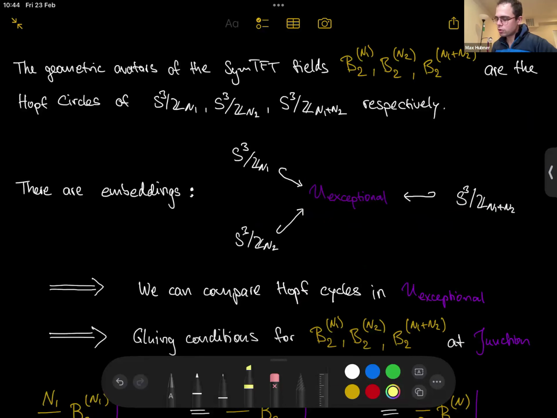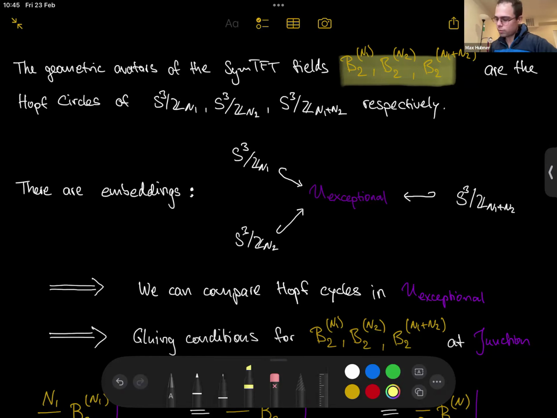Okay, so I want to explain the gluing conditions and the junction degrees of freedom a bit better. So on the 3 legs running into the junction, we have these fields, B2, N1, N2, and 1 plus N2, labeling the legs. The magnetic duals, which I'm not discussing now, are exactly the same as for this triplet.